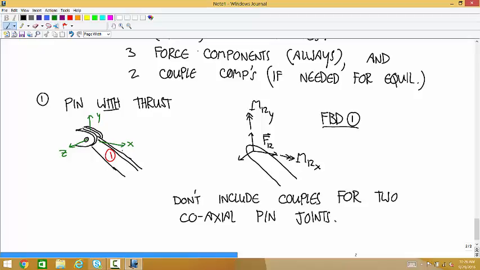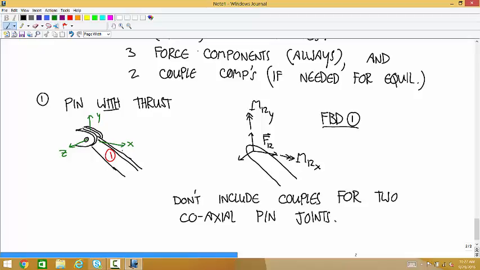But on the other side, there's two little flanges bracketing that pin, and that prevents this thing from moving along the pin. I'm going to pass these around so you can see the difference. Those are two examples of coaxial pin joints. And if you see something like that, you never include the couples in the joints. Okay.